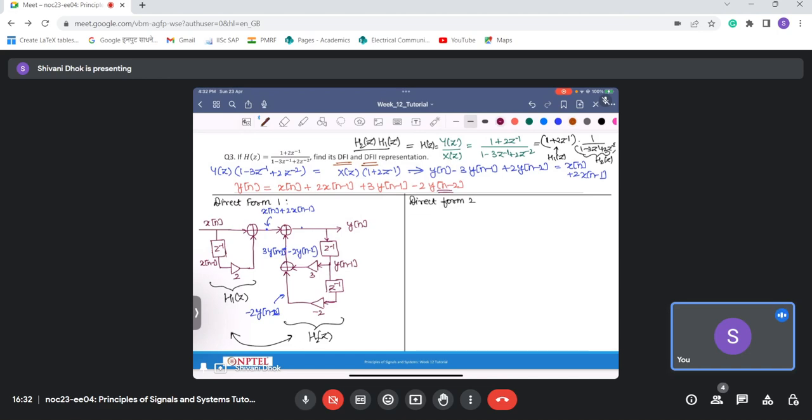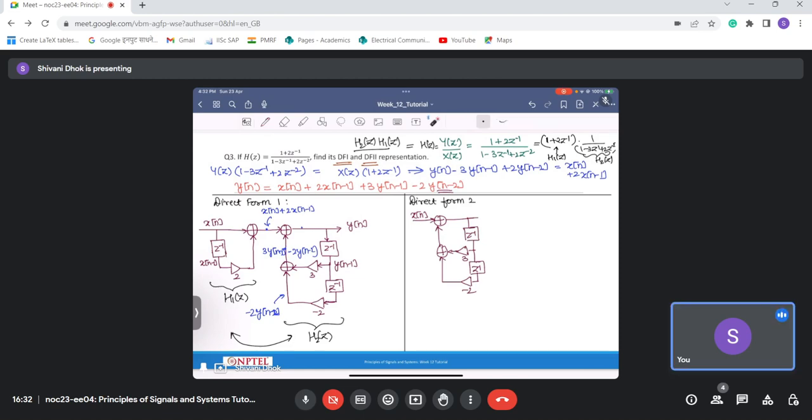So what I have is, here I have x of n, z inverse, then I have a gain block of 3, then I have this z inverse, then this is minus 2, this goes here like this.